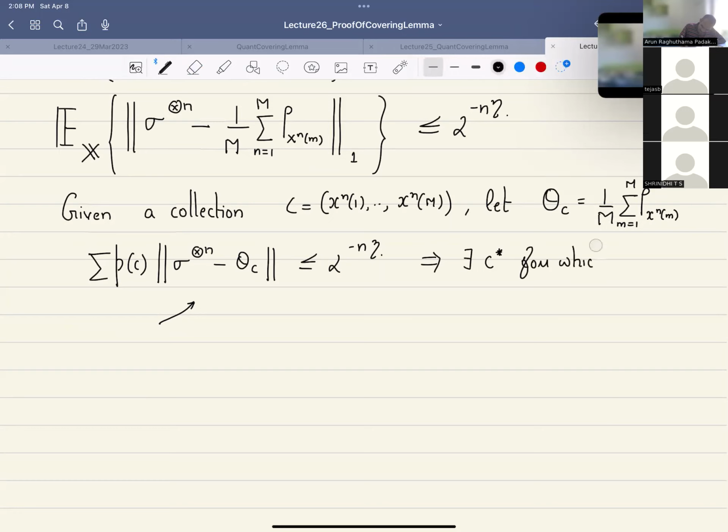This is the random coding argument. Just explicitly writing this down.